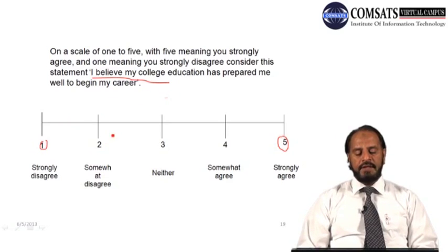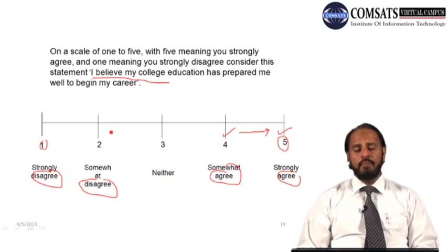If you say that you agree that this statement is true, it is different from strongly agree, because there's a difference between agreeing and strongly agreeing, and again there is a difference between disagreeing and strongly disagreeing. So this is giving you more information.